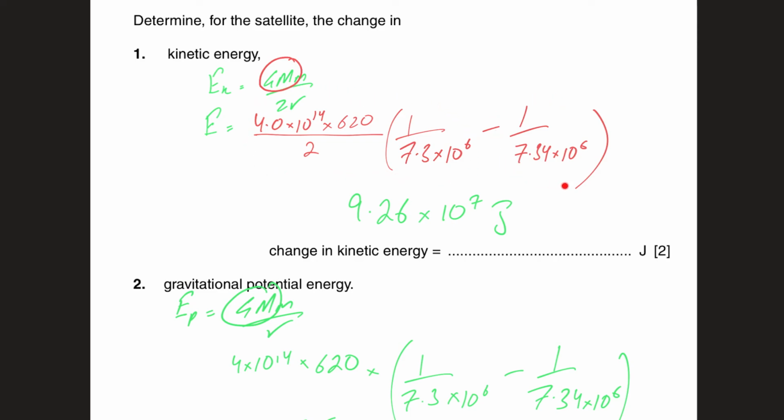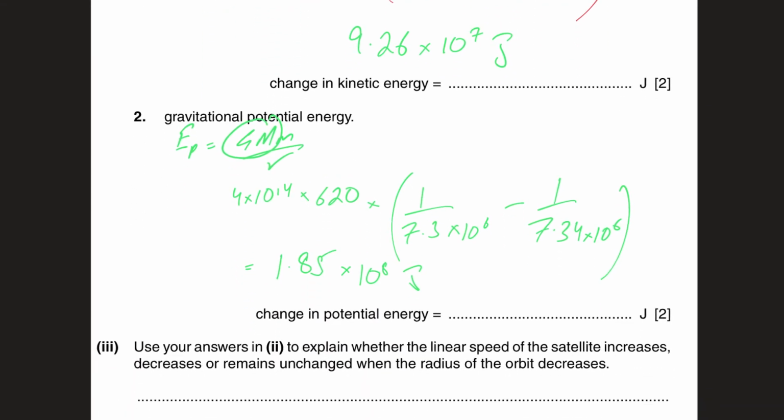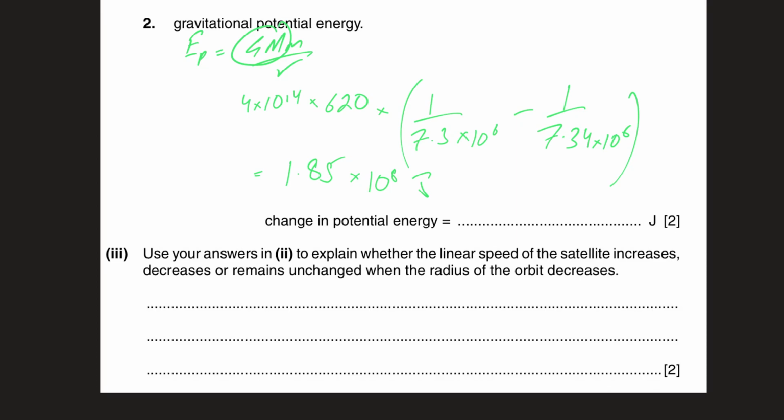And if you use this fraction with these, you'll get the initial kinetic energy. So if you have done this separately, you'll notice that the final kinetic energy is greater than the initial kinetic energy. Or if you've done this like this, you'll notice that this answer here is positive, which means that there's an increase in kinetic energy, which automatically means that the linear speed increases.